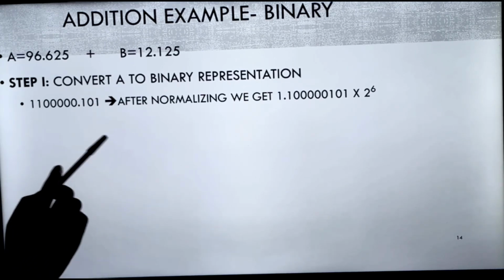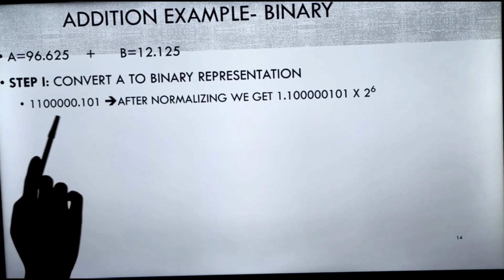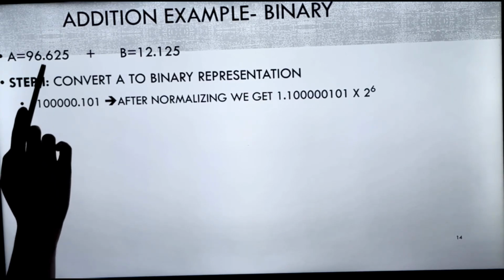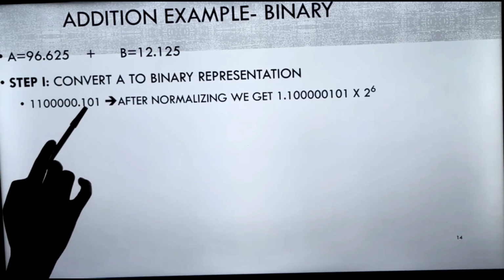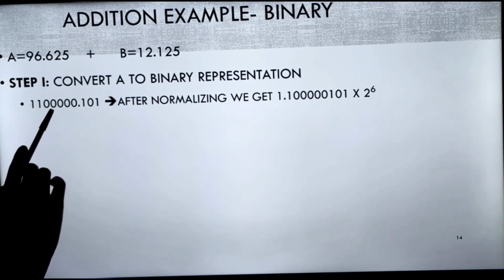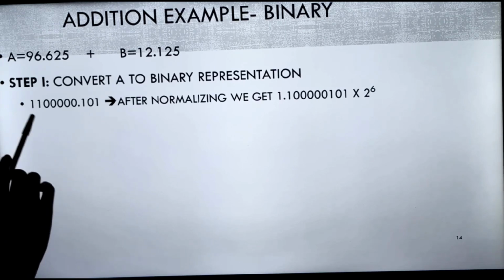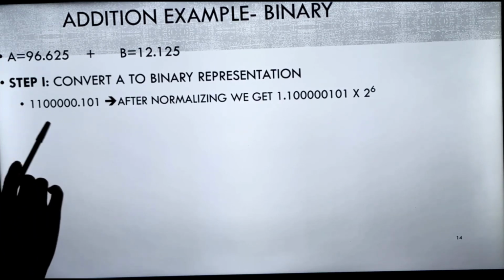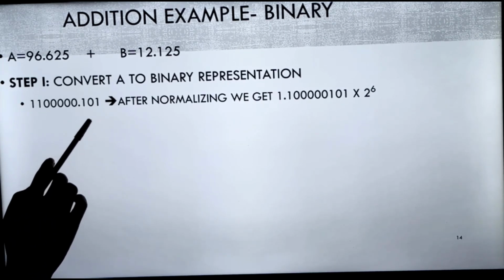Now what next? Once we have the binary representation for the floating point 96.625, next we have to make it one dot mantissa. Fine, we already know that in IEEE standard formatting we have to make it one dot mantissa. So make it one dot mantissa.